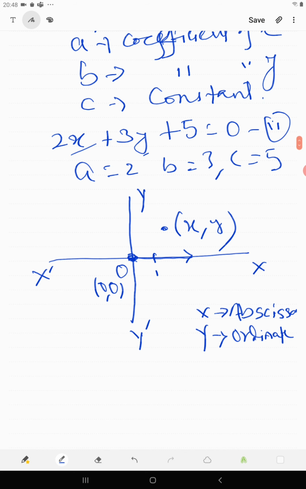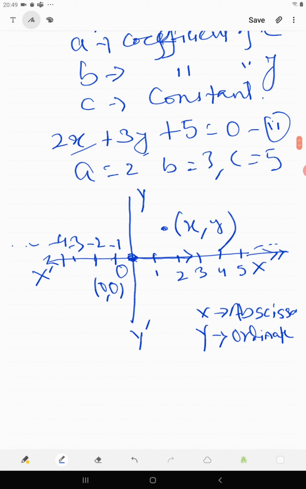So it's like 1 2 3 4 5, like that, to infinity it can go. So right hand side is the positive x. Similarly, left hand side is negative x, that is -1, -2, -3, -4, dot dot dot. So it can go negative up to minus infinity.